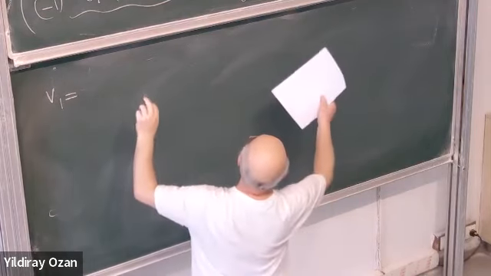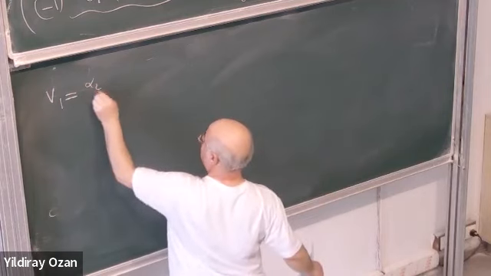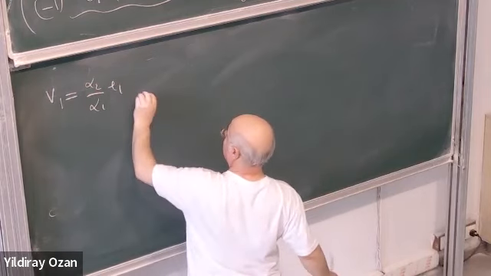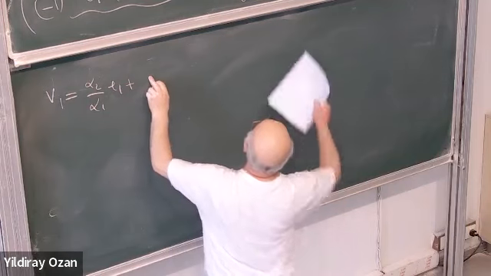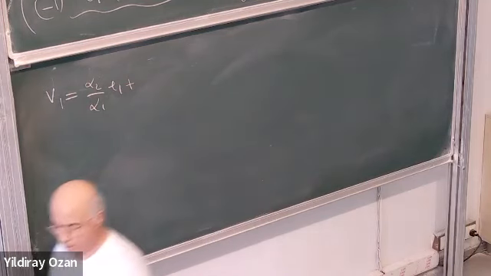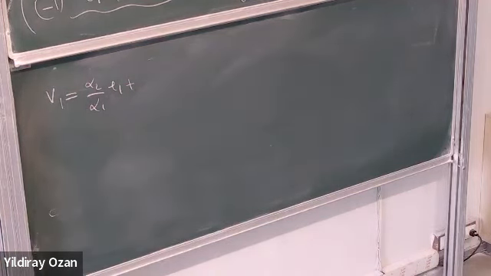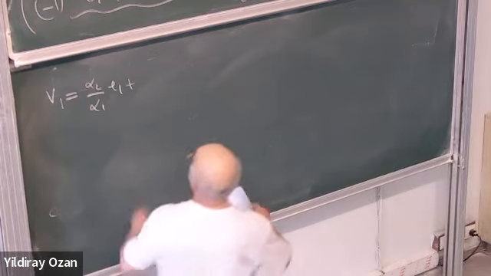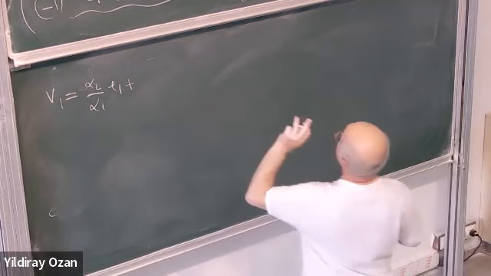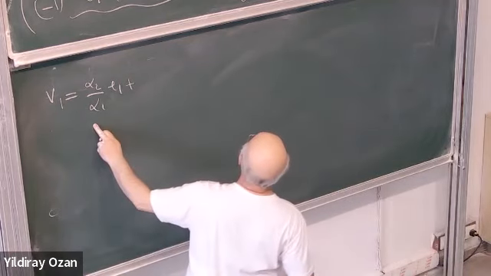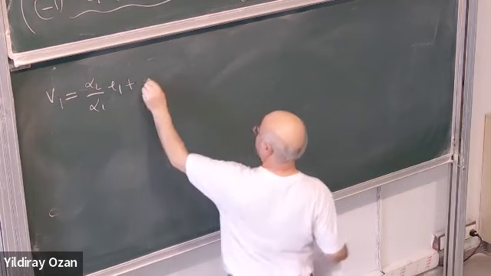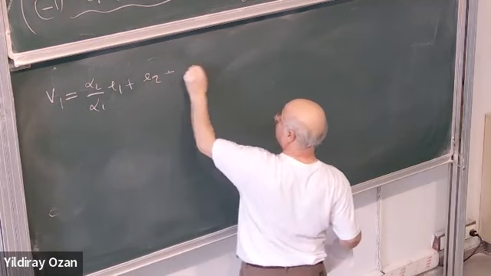C1 is just alpha 2 over alpha 1 P1. And then C2 is 1. This is P1, C2 is just 1, P2, and all of this is 0.